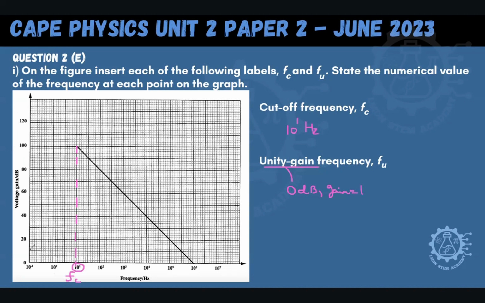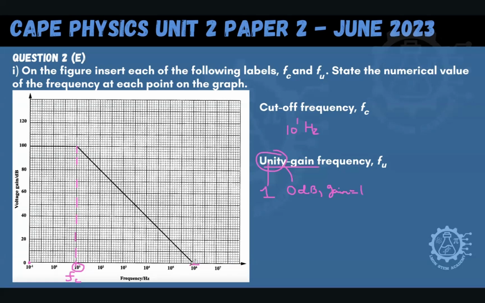So we're going to look on our y-axis, and we're going to see 0 decibel. 0 decibel is right here, right? So now we come across to see what frequency that corresponds to, and we see that it corresponds here. At a frequency of 10 to the 6, we have 0 decibel or a gain of 1. That's unity. Unity means 1. A gain of 1, which is the same as 0 decibel.